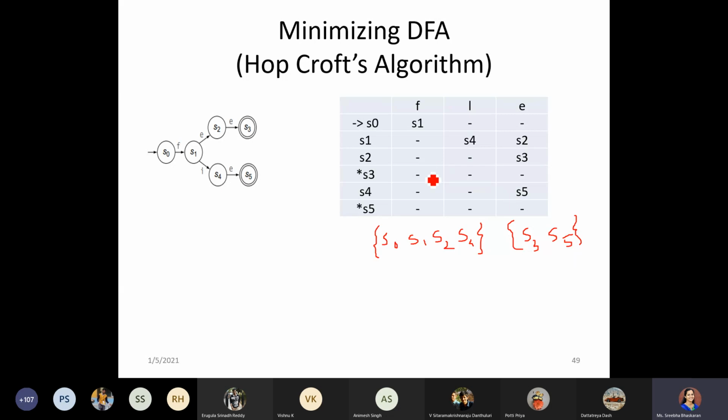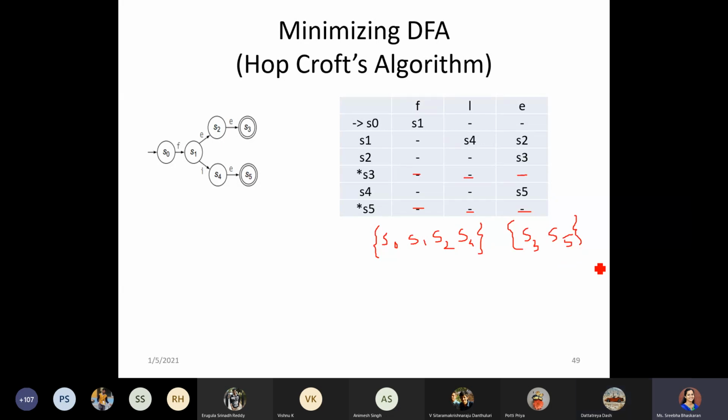Now if you see S3 with respect to the F transition, there are no contents. With respect to the I transition, there are no contents, it is left empty. Similarly, with respect to E, we don't have any transitions, right? So we don't have any contents to be checked, so it will be left in the same group itself. We don't have to split it.